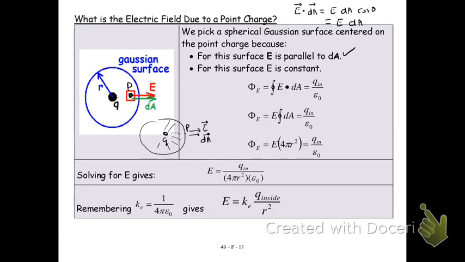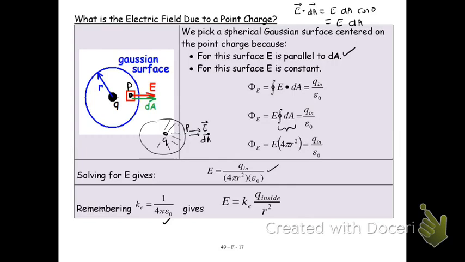And so E, well, my integral dA, I know it's 4 pi r squared because it's a sphere. So rearrange. E is equal to Q in over 4 pi r squared times epsilon naught. Oh, KE is equal to 1 over 4 pi epsilon naught. So E is equal to KE Q inside over r squared. Remember, how can I do this?